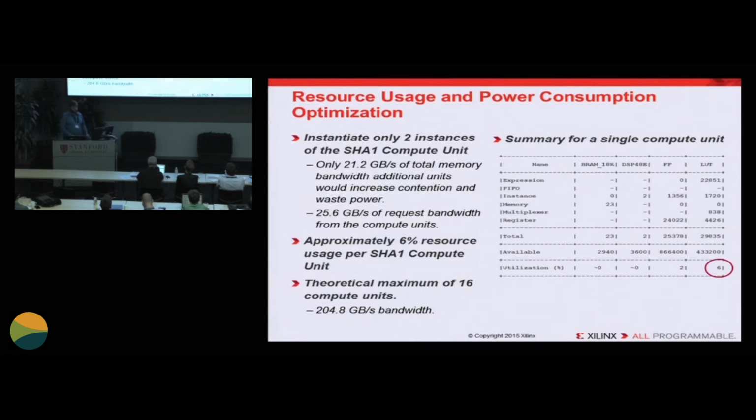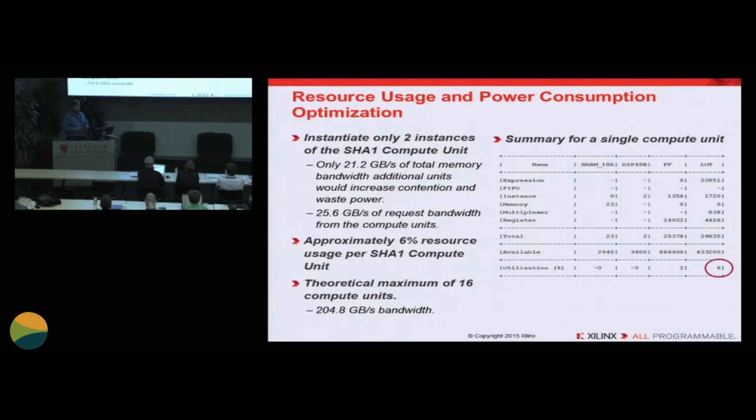So overall, we found that the resource usage of this compute unit was approximately 6%. That's not very much. So with 6% of the device, we can consume 12.8 gigabytes of memory bandwidth. And this is an entirely memory bandwidth limited algorithm. So if we're going to use the full bandwidth available to us on the system, we could at max implement 2 of these SHA-1 compute units.